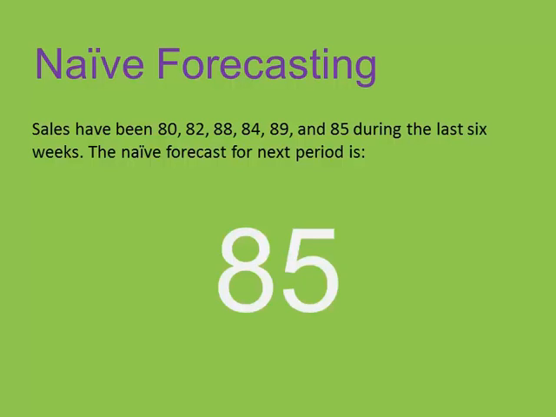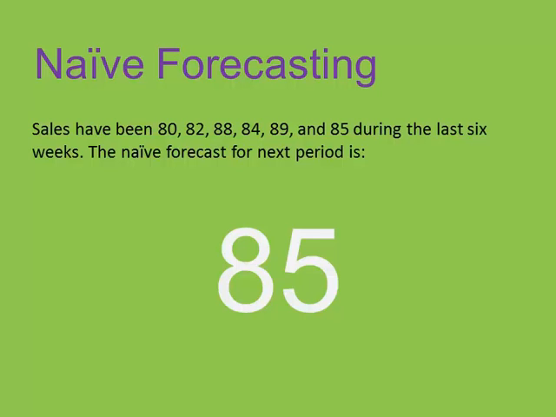With the naive forecast, all you do is take the last period's number and just extend that to your next period. This particular forecasting method can be fraught with a lot of problems. Again, we're not taking into account any kind of trends, or any specific incidents that could have happened in that last period that were out of the norm.